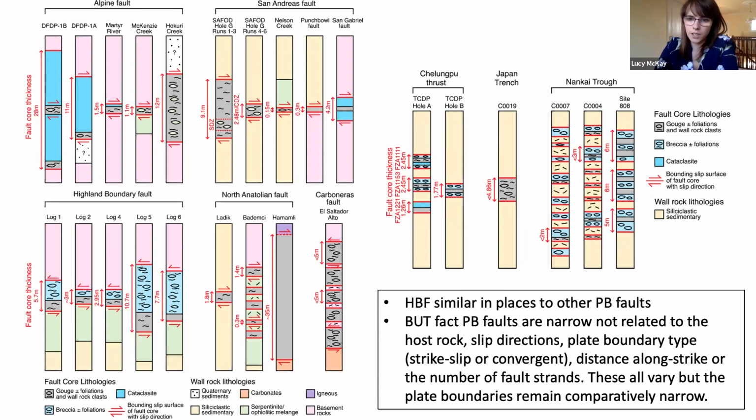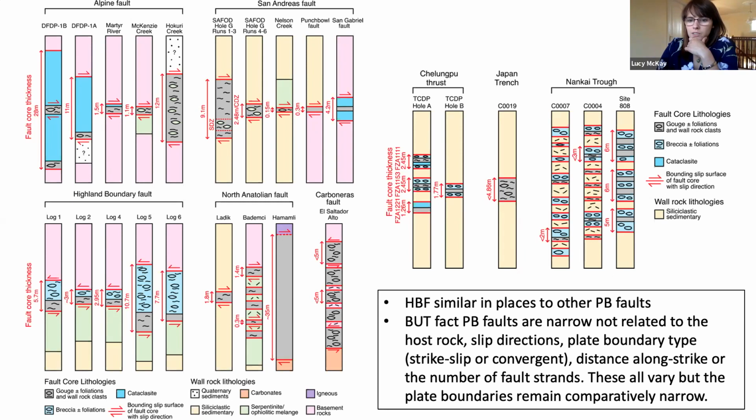For instance, the red foliated chaotic breccia, that unit with the clear structural fabrics, is comparable to what you see in the San Andreas Fault, which is a highly sheared foliated clay that wraps around centimetre scale clasts of wall rocks. And like the Highland Boundary Fault, the San Andreas clays have been interpreted to form from the shear enhanced reactions between both wall rocks.